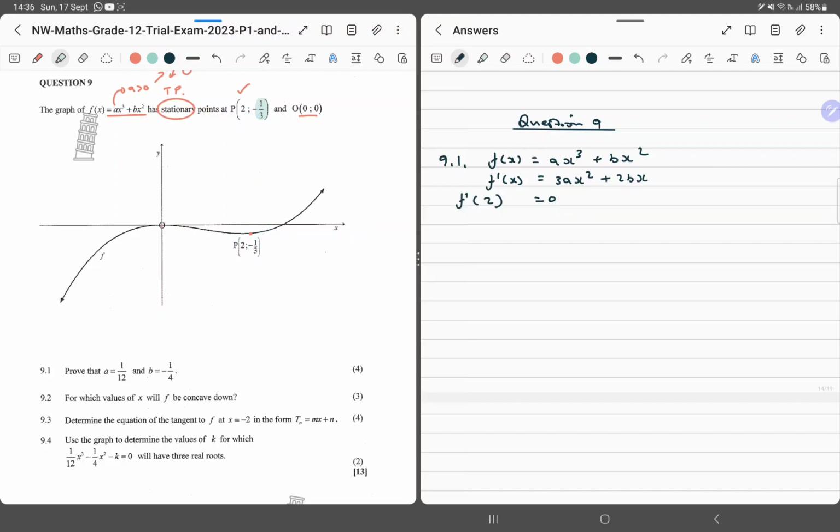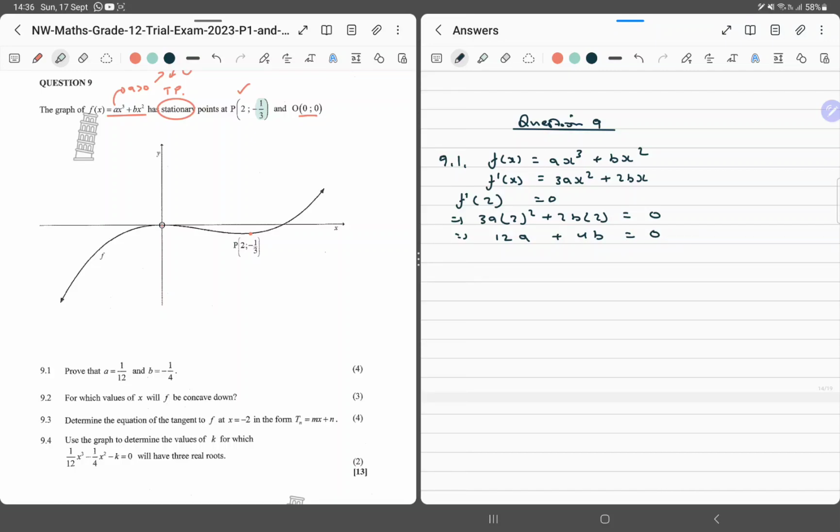So that's why we're writing a 2 there. So this implies that now we're going to have 3 of a into, we put a 2 there squared, plus 2b into a 2 is going to be equal to 0. This implies that this is going to be 4 by that is going to be 12a plus this one is going to be 4b is equal to 0.